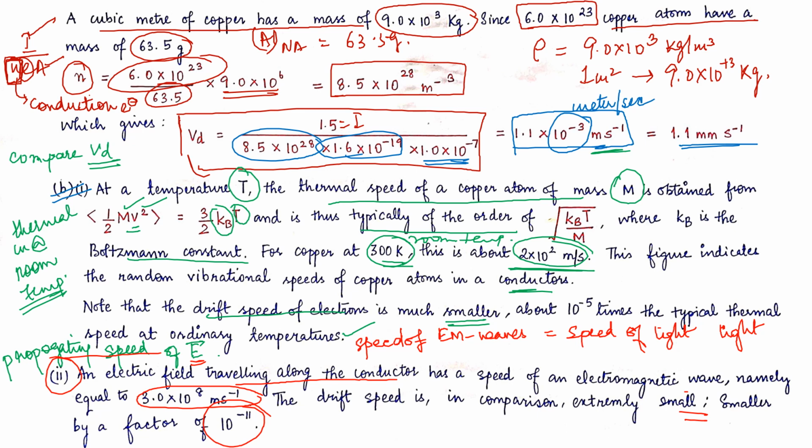Now, how can we say that EM waves travel at the speed of light? Because light is also an EM wave.